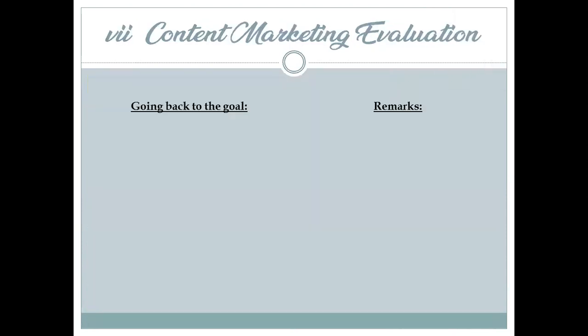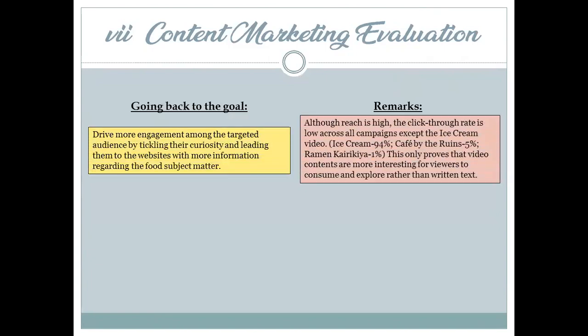So, going back, of course, we're trying to evaluate what we did and make sense out of all the data that we learned. Going back to the goal that we mentioned earlier, what we want is to drive more engagement among the targeted audience by tickling their curiosity and leading them to the websites and more information regarding the subject matter.